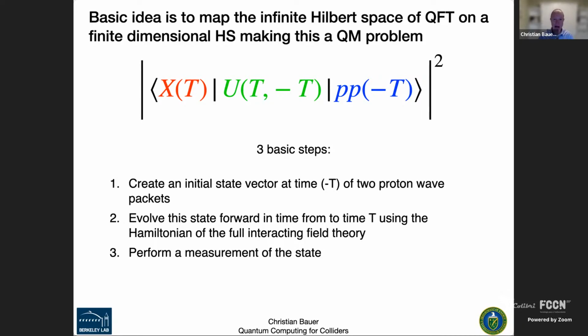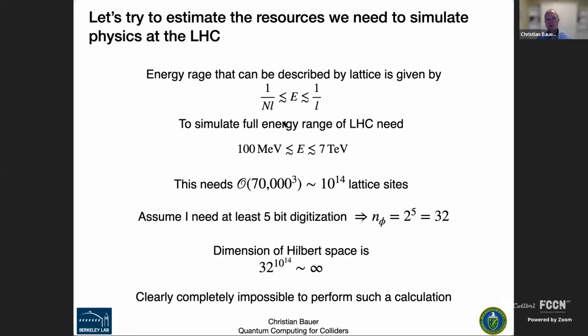So let's try to understand why we have not done this yet. Well, there's one important thing you have to know about lattice field theories, and that has to do with how many lattice points I actually need. You have to realize that the energy range that can be described by a lattice is given by this equation. I'm saying here that the largest energy I can describe on my lattice is given by 1 over the lattice spacing.